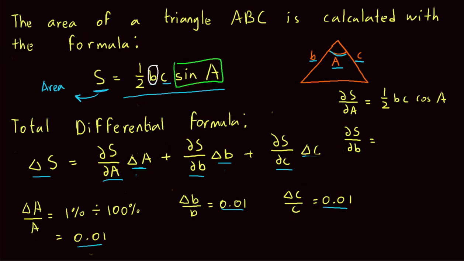We're really just interested in the B, so it will just be half C sine A, and of course del S over del C would be half B sine A.